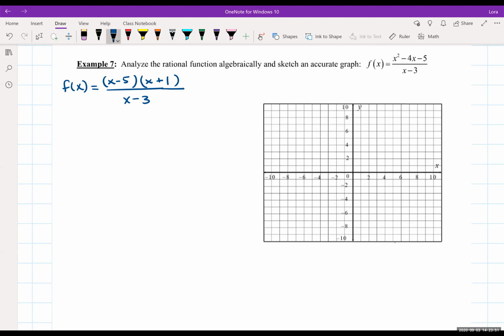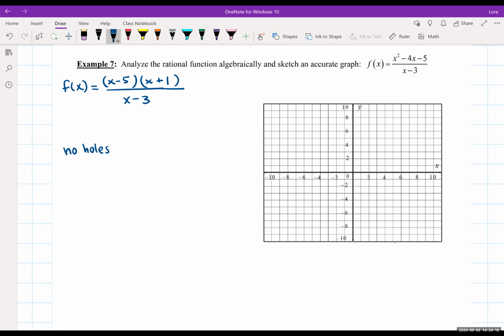At this point, I notice right away that we do not have common factors in the numerator and denominator. So right away, I can address the holes question: there are no holes. I'll write that just to remind myself. The other thing, as far as finding a vertical asymptote, is that the function has not been reduced.